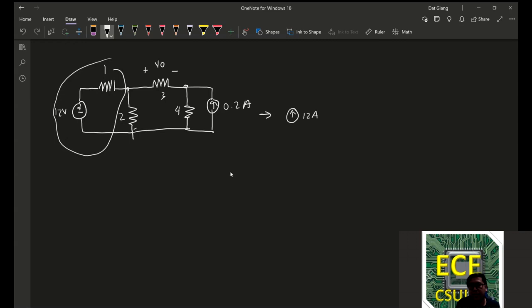In this case, it's going to be 12 amps, maybe an illogical number, like so. Now, as a rule of thumb, just like with mesh or nodal, wherever the problem exists, don't mess with it. Just keep it as it is. So we keep it like so.